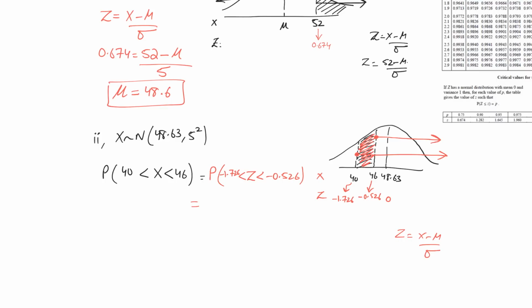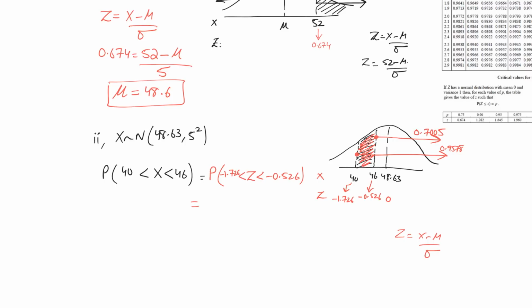So the probability at negative 1.726, we will ignore the negative sign, and this body area comes out to be, from the table, 0.9578, and this body area comes out to be 0.7005.